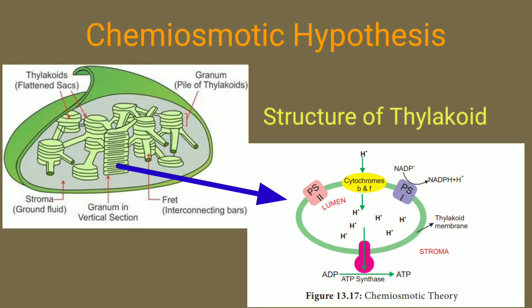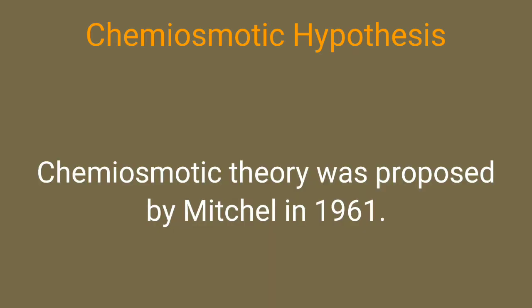Now how is this ATP produced? The mechanism of ATP synthesis in photosynthesis that takes place in the chloroplast was explained by Mitchell in the year 1961, and this is called the chemiosmotic hypothesis.